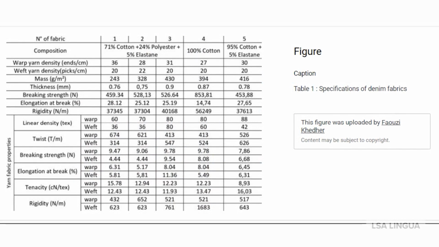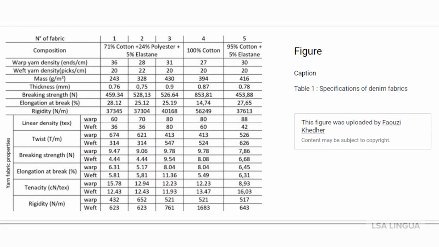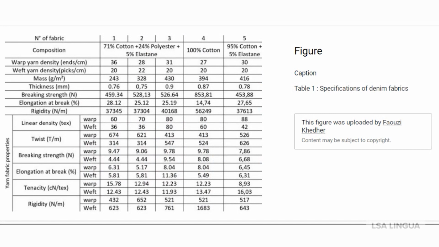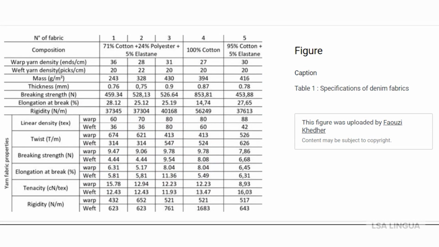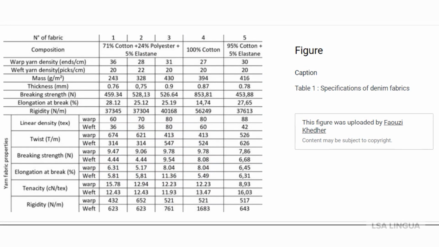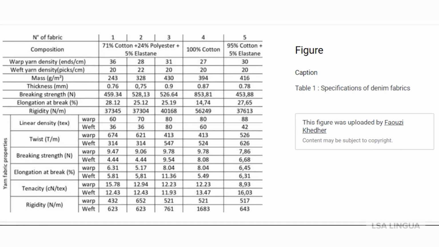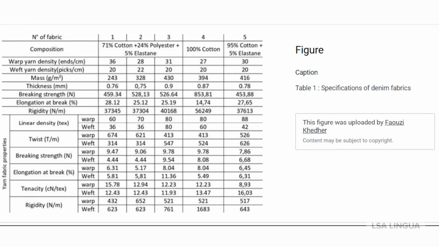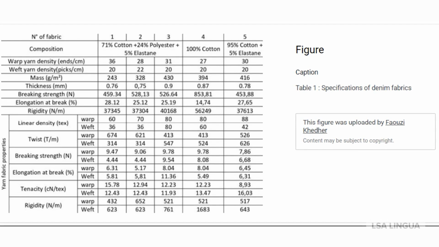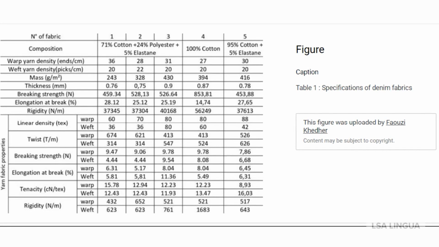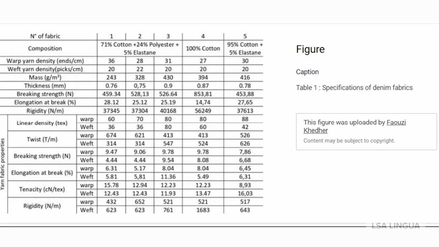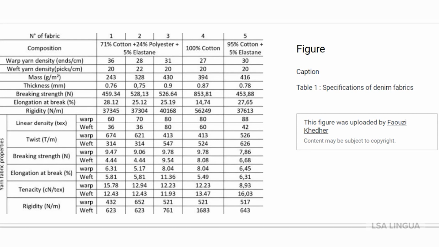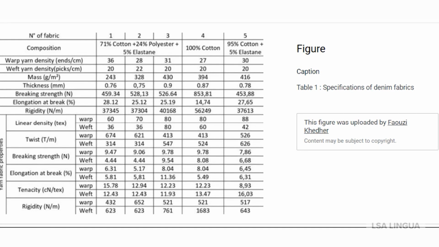This table shows the specification of denim fabrics. You see here yarn fabric properties on the left-hand side, starting with linear density, twist, breaking strength, elongation at break, tenacity, and rigidity. We also see composition, ranging from more elastic to more rigid types of fabric.